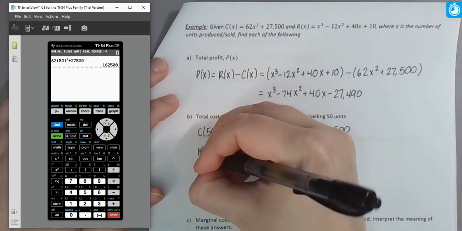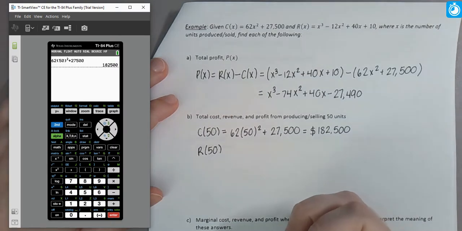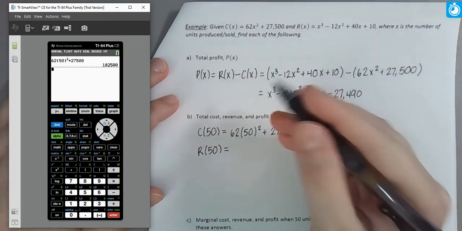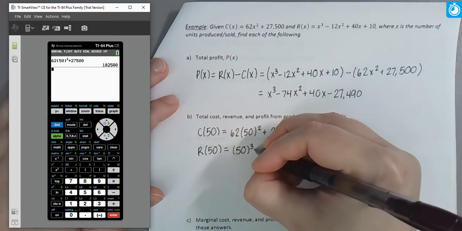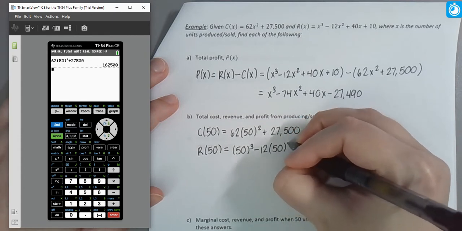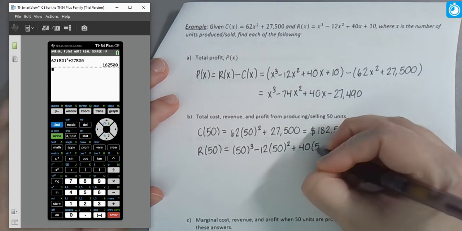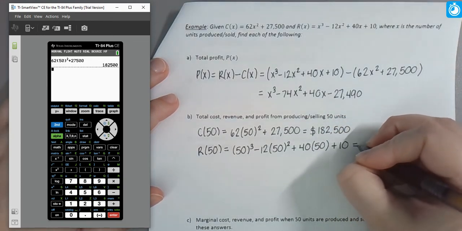Now the revenue for producing and then selling 50 units, sub into our revenue function. So 50 cubed minus 12 times 50 squared plus 40 times 50 plus 10.